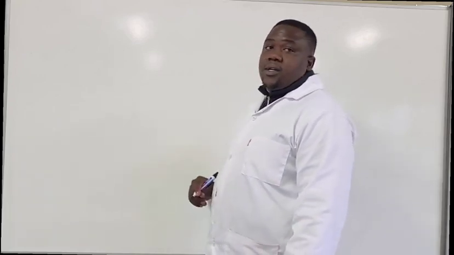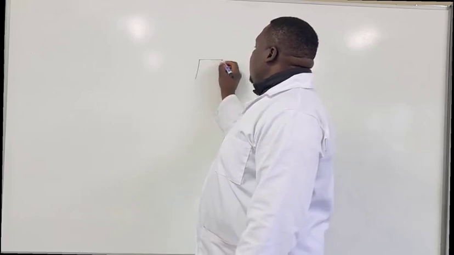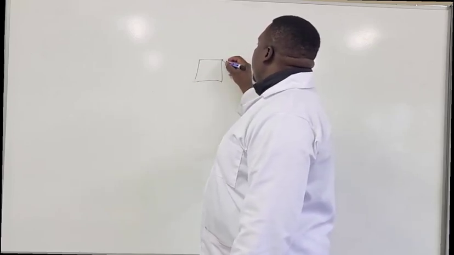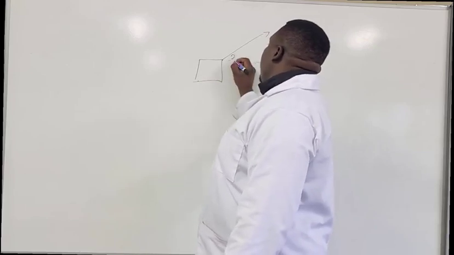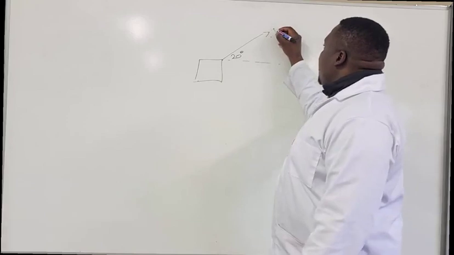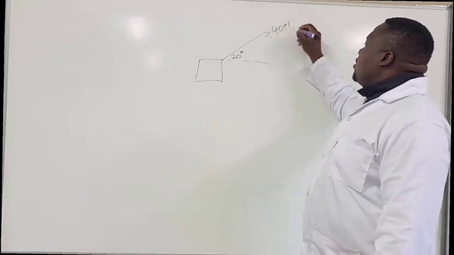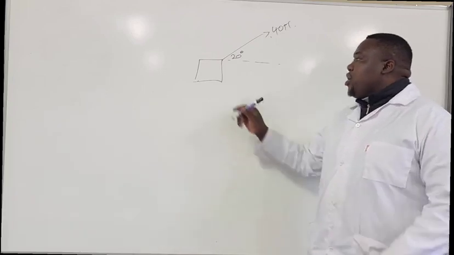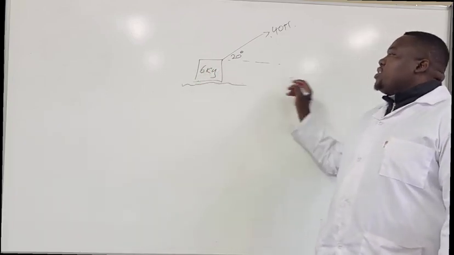Let's say we have an applied force, which is like this, which is upward, and it is acting at 20 degrees. Can you see? We've got 40 Newton acting on this 6 kg. The surface is flat.